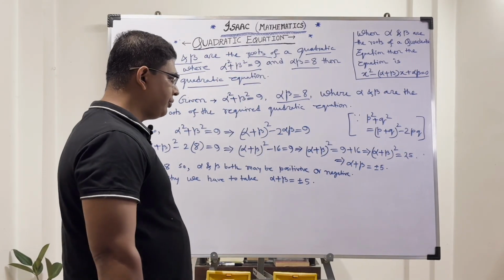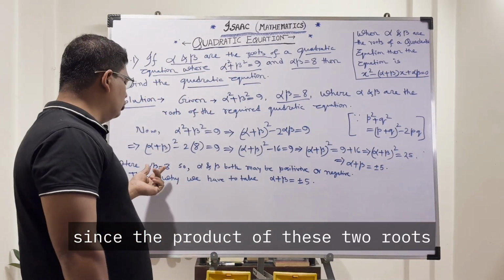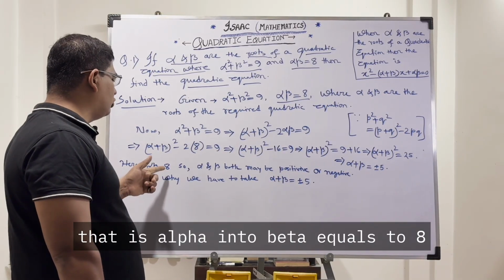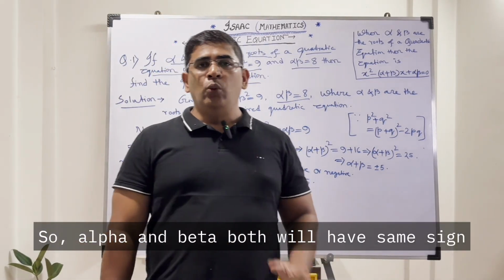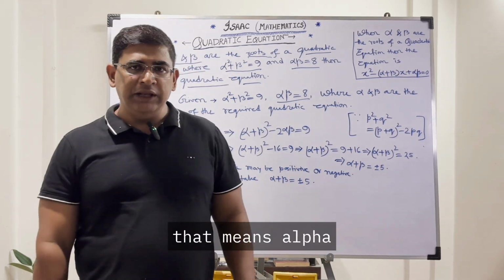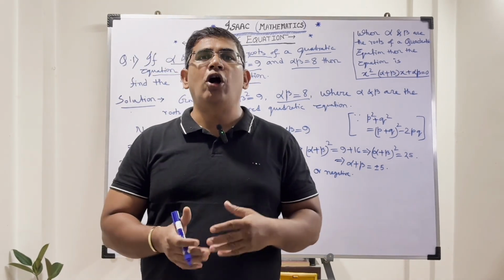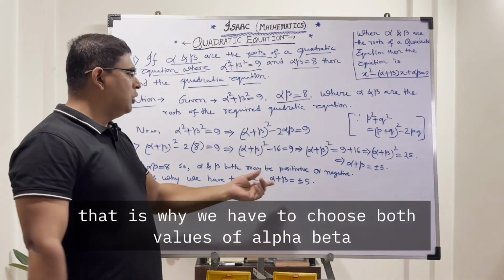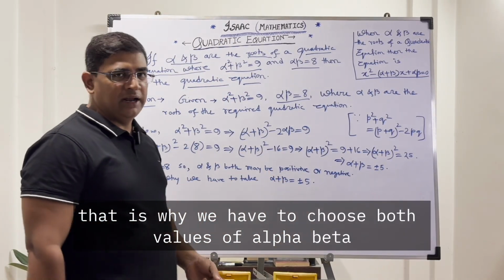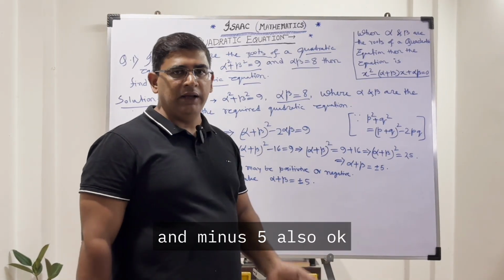Since the product of these two roots, alpha into beta, equals 8, alpha and beta both will have the same sign. That means both may be positive or both may be negative. That is why we have to choose both values of alpha plus beta, that is plus 5 and minus 5 also.